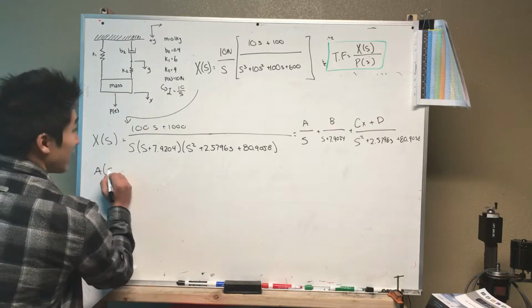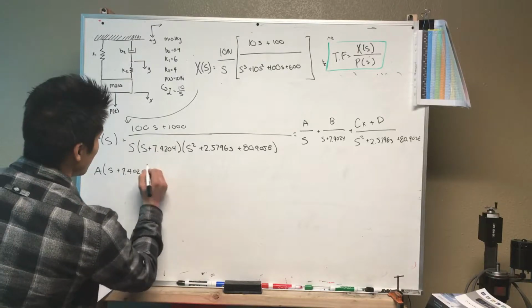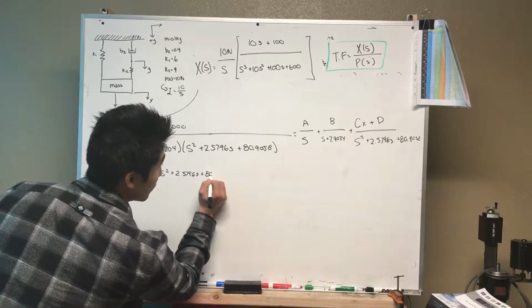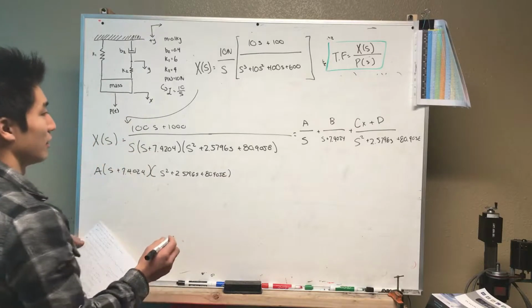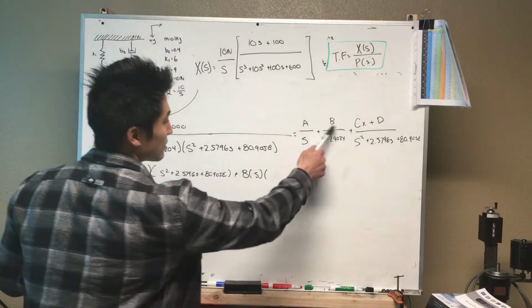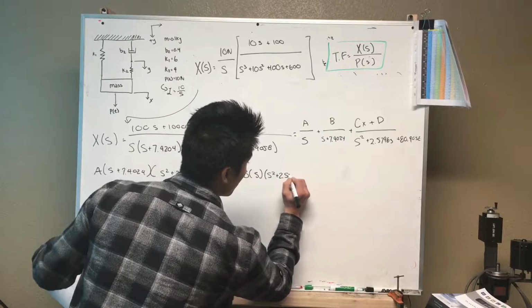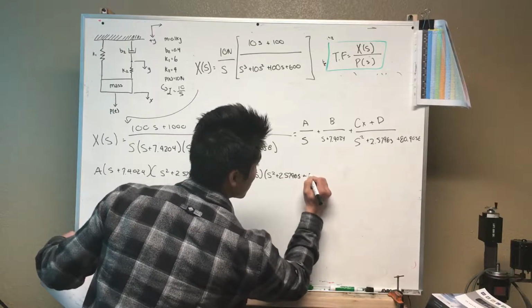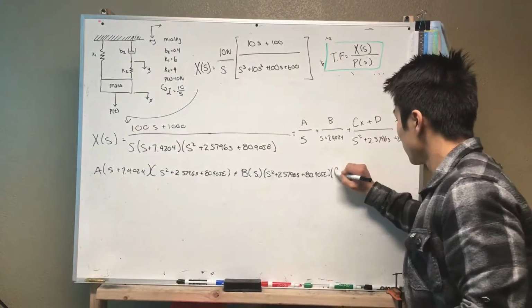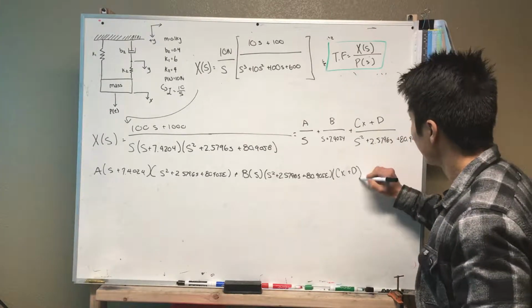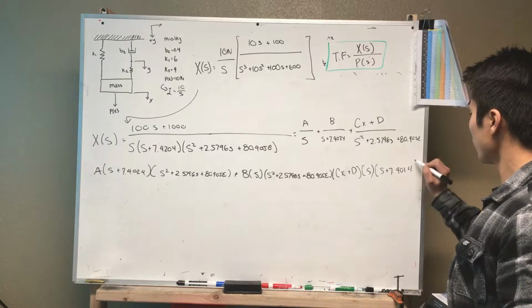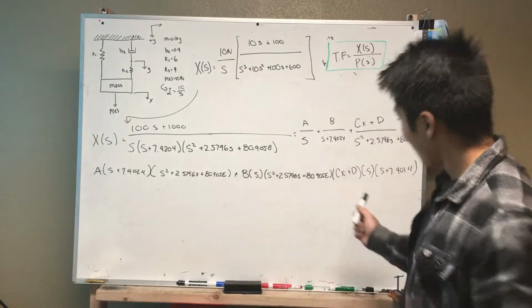So we have A multiplied by s plus 7.4204, multiply all that by s squared plus 2.5796 s plus 80.9058, plus B times s squared plus 2.5796 s plus 80.9058, and then we have Cs plus D, times s, and then s plus 7.4204, just like that. That is one heck of a long equation.